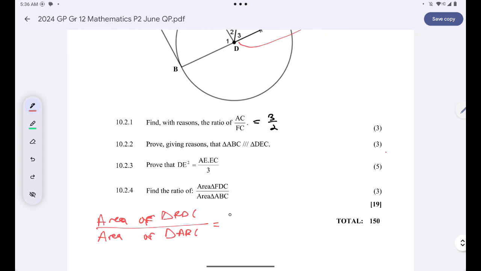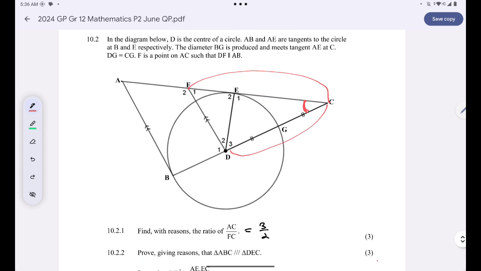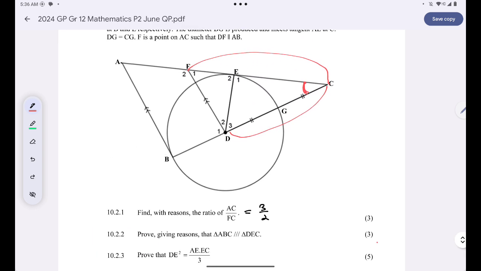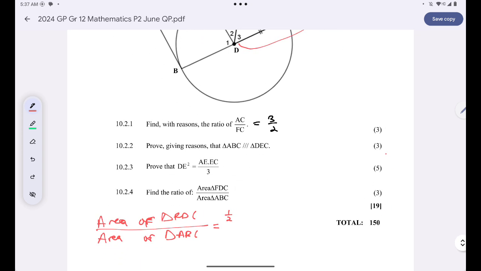So I'll say FDC is 1 over 2, and then I'll have what? FC multiplied by DC sine of angle C, right?